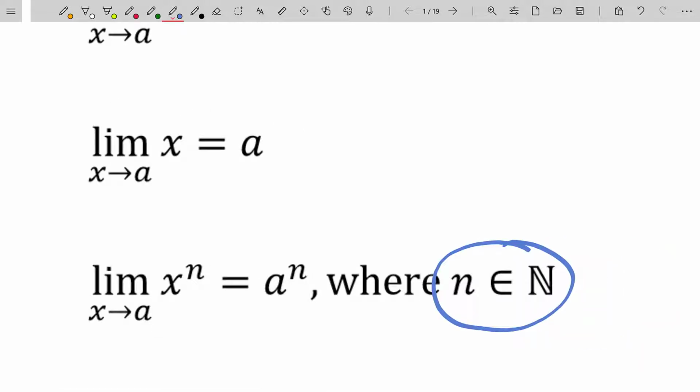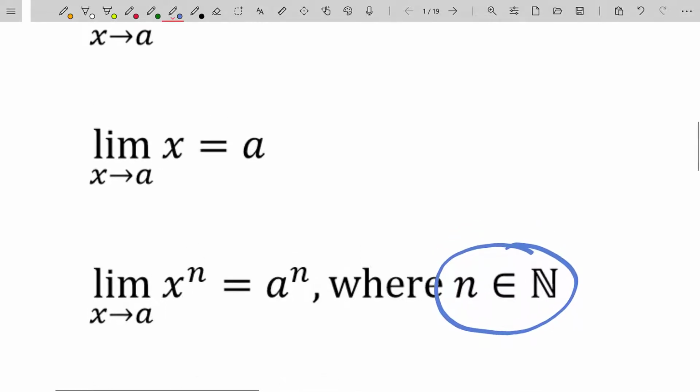The reason why that's the caveat on this limit law is that suppose, just for a second, that n was allowed to be a non-natural number. Technically speaking, it could be a whole number or an integer, but let's suppose for a moment that it's a rational number. Specifically, let's suppose that n is 1/2.